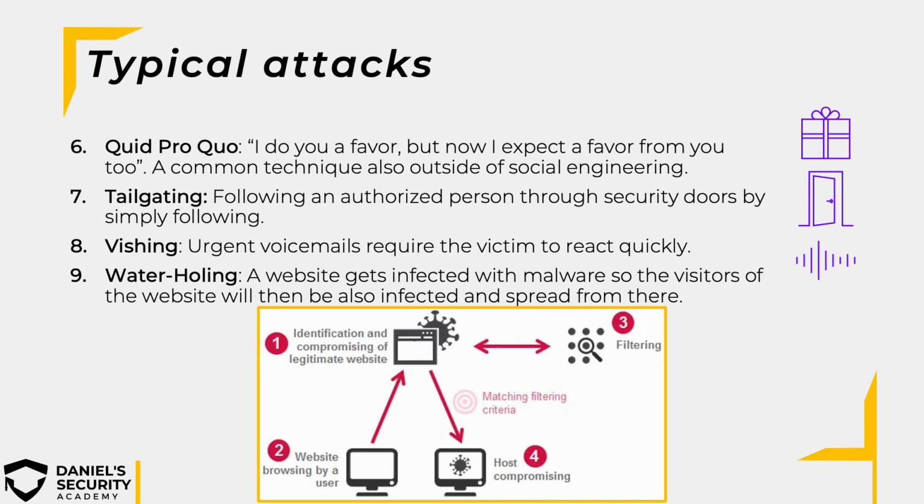So the user browses the website. Then the filter, which I just mentioned, is checking, okay, is this a user I want to target? If yes, I will compromise the host by sending the malware payload together with the website payload.